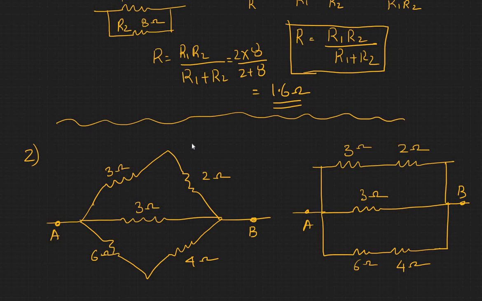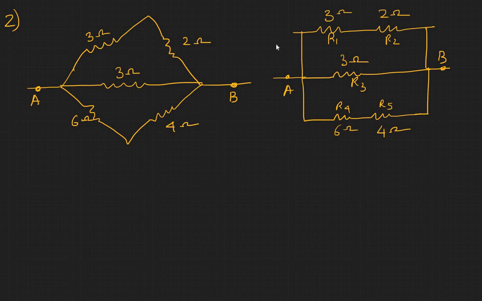I urge you to pause the video and try to solve this combination of resistance. The first thing you got to do is label these resistors. Once you have labeled these resistors, then you can go step by step. We can say R12 would be 3 plus 2, which is 5 ohms because they are in series.